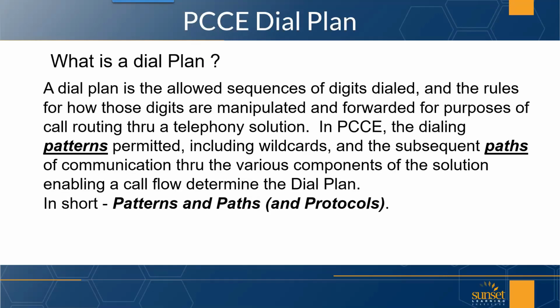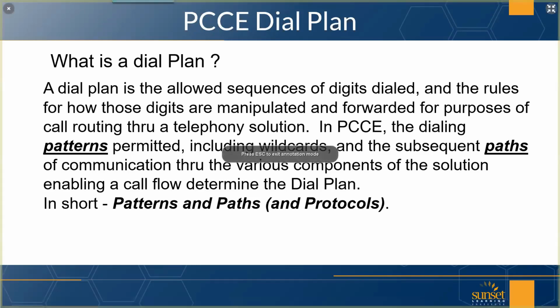A formal description of a dial plan is that it is an allowed sequence of digits that are dialed, and the rules of how those digits are going to be manipulated and forwarded for the purposes of call routing. There are a couple of principles that we define quite heavily in all of these dial plan considerations, and that's the concept of patterns and paths.